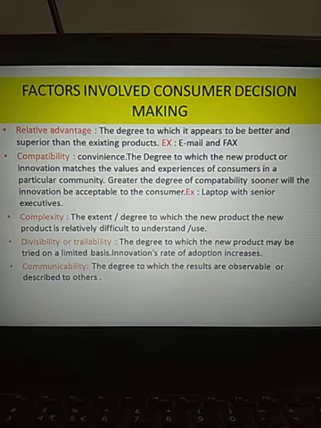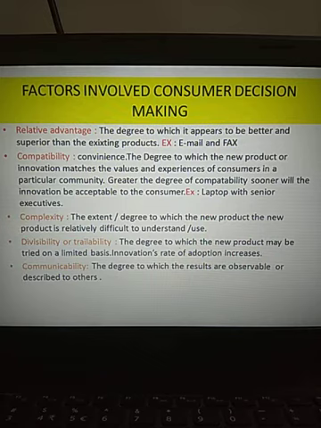So compatibility is a very important factor as far as consumer decision making is concerned. Wristwatches nowadays, you will observe, include sports watches which measure not only the time but other very important parameters regarding the health of the human body. Compatibility.